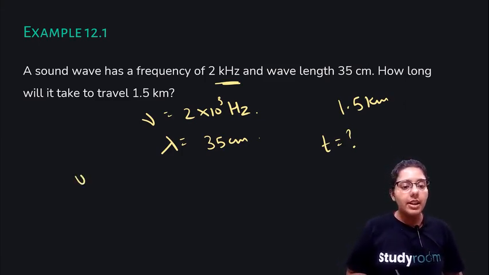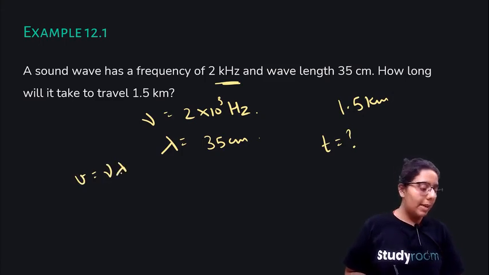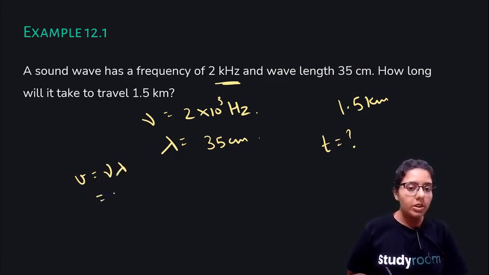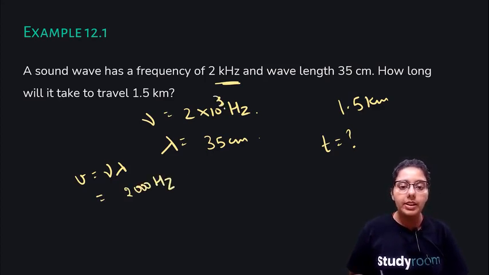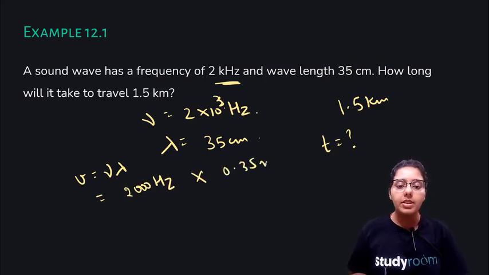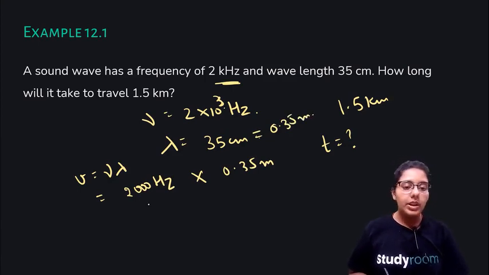We have just studied that V is equals to nu lambda, right? So what is your nu? 2000 hertz, right? 2 into 10 to the power 3 hertz into what is your lambda? 0.35 meters, because 35 centimeters we will convert into meters, right? So it comes out to be 700 meter per second. Okay, so this is your velocity.